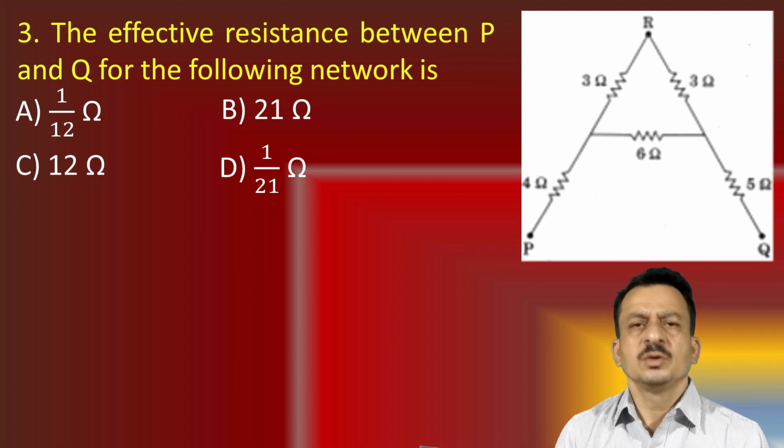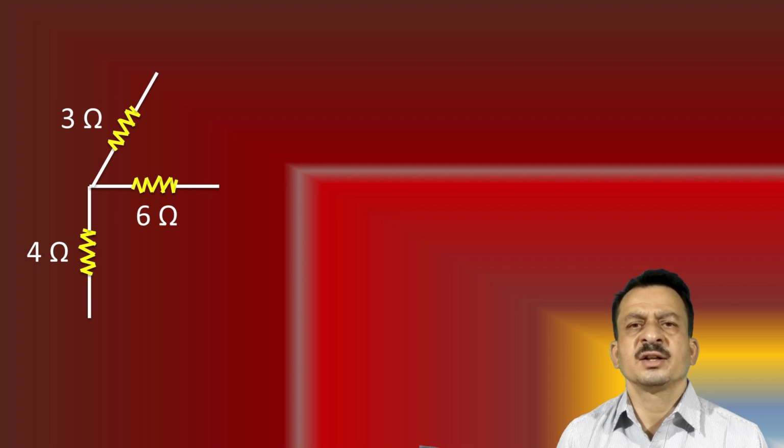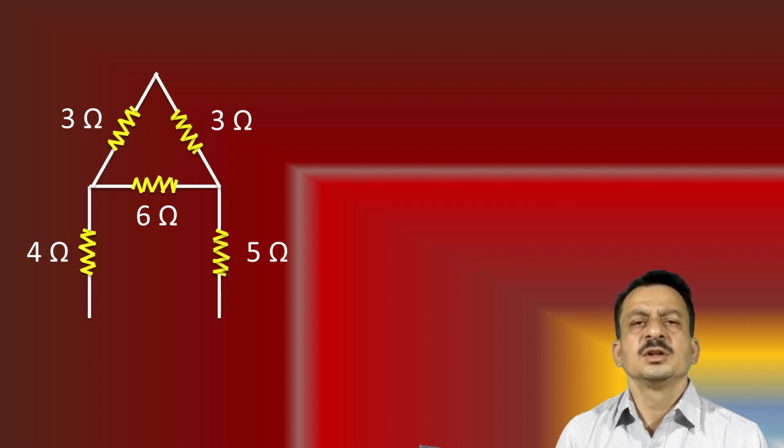Okay, so we will rearrange that network like this. We have the first resistor, a 4 ohm resistor, then a 6 ohm resistor, and then a 5 ohm resistor, and at the top there are two 3 ohm resistors connected as shown in the diagram. Now look at the diagram.